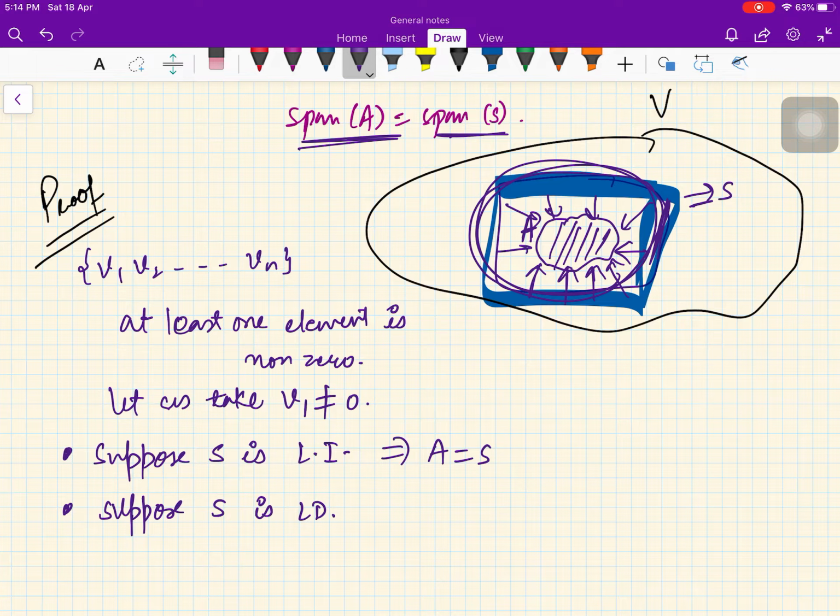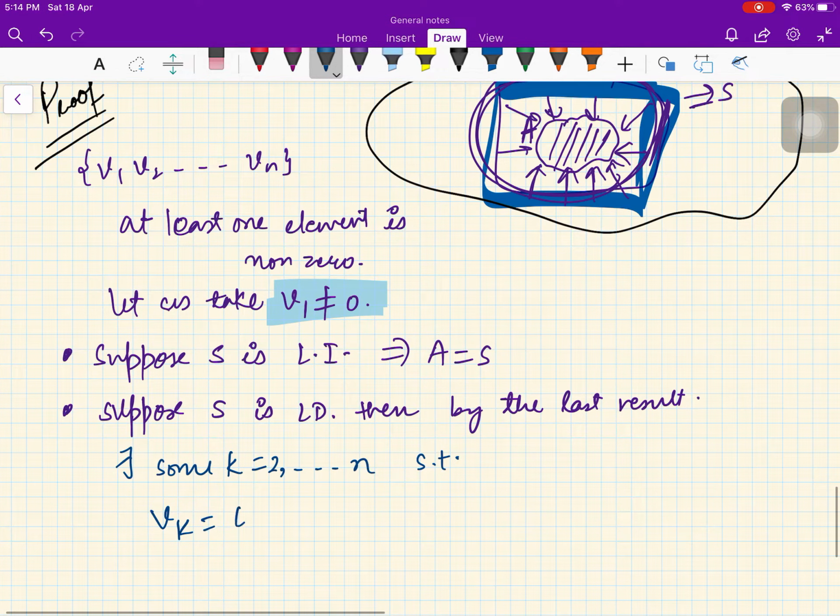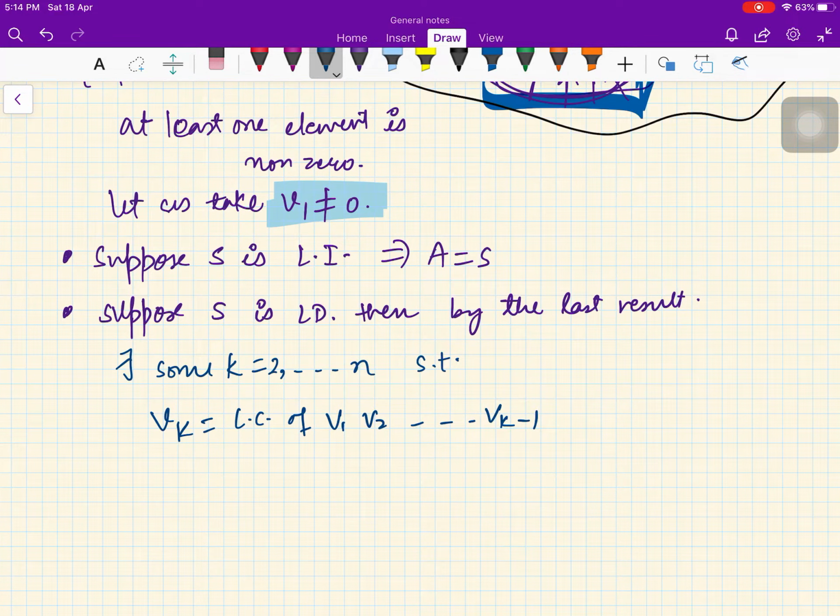Fine. Now suppose S is linearly dependent. Then by the last result, since you have assumed that v1 is non-zero, the last result is valid. So by the last result, which we just proved, there exists some k between 2 and n such that vk is a linear combination of v1, v2, ..., vk minus 1.